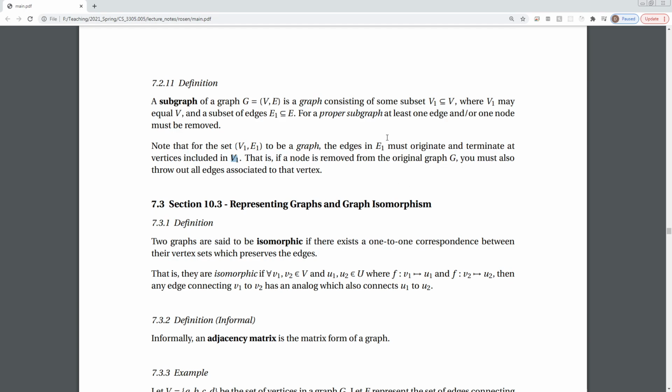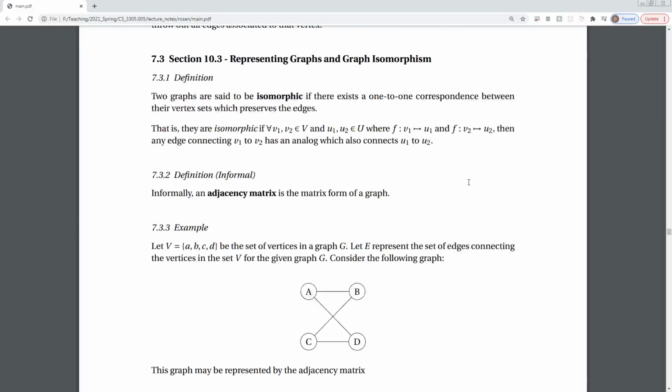So if you restrict the vertices, then you have to clean it up and remove any edges that go to some vertex that isn't included in your graph. Otherwise it's not a graph, it's a road to nowhere, right? And then restating, if a node is removed from the original graph G, you must also throw out edges associated with that vertex.